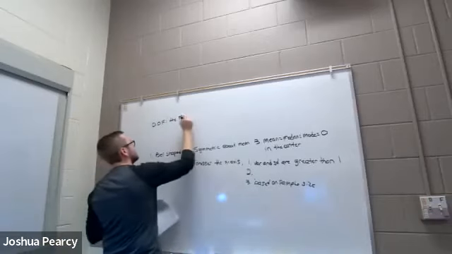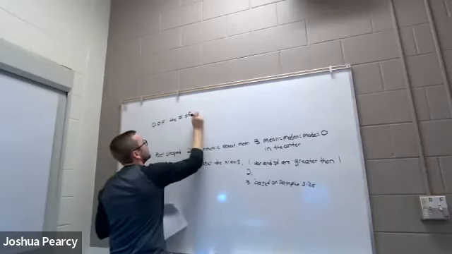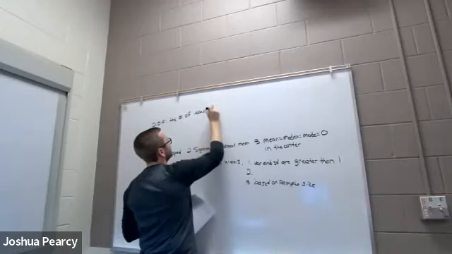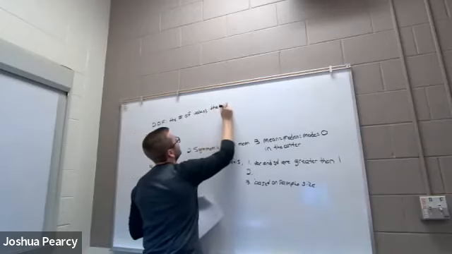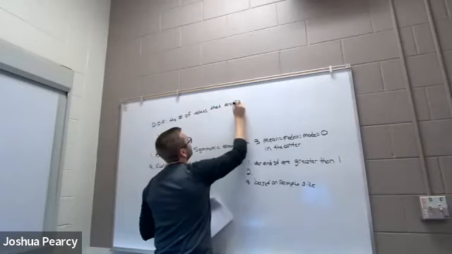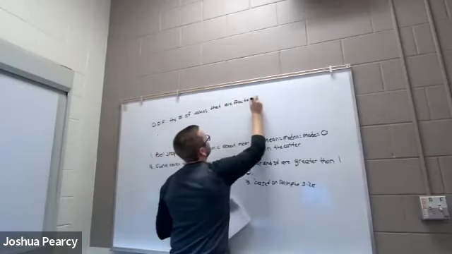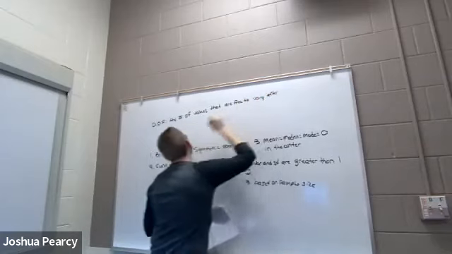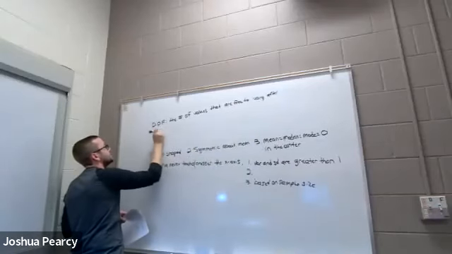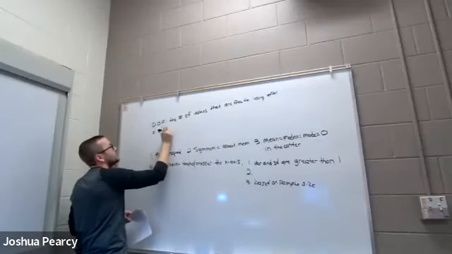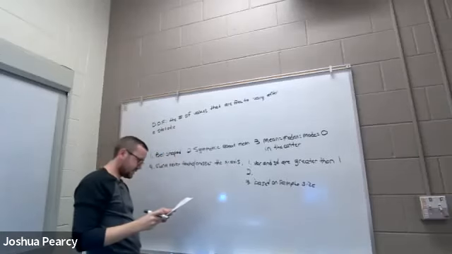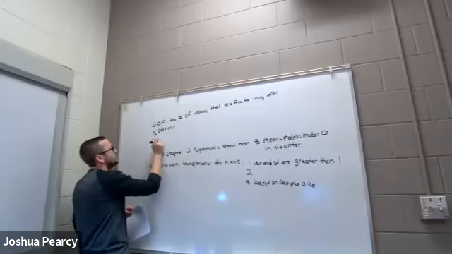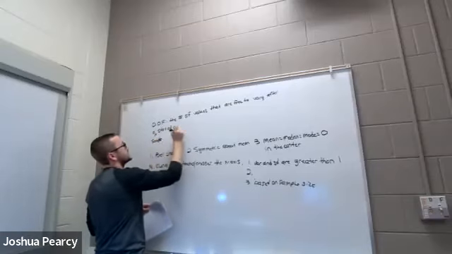The number of values that are free to vary after a sample statistic. Does it say sample statistic? Yeah, it says sample statistic, so sample should be right here. After a sample statistic is computed.